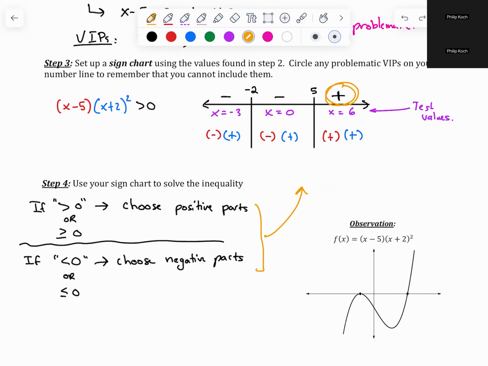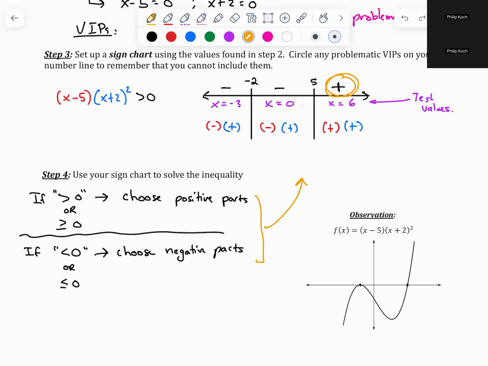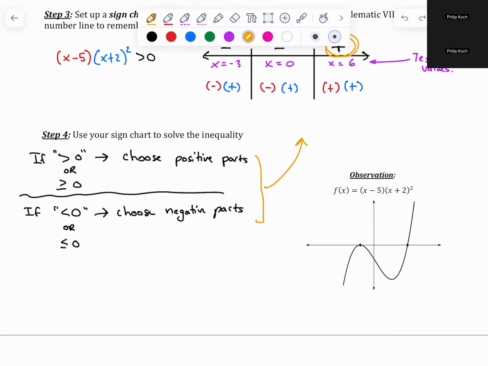If these are strict inequalities, remember, non-strict implies brackets, and strict implies parentheses. This is a strict inequality, so we cannot include the endpoints, and that makes sense. And I'll explain why in just a moment.